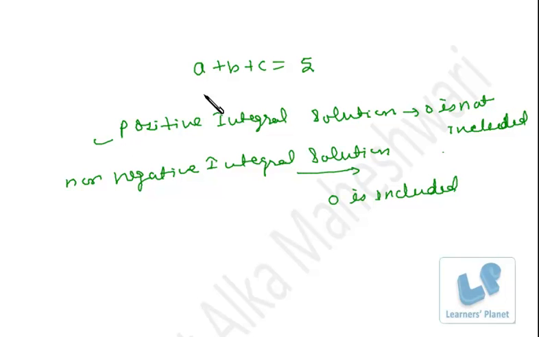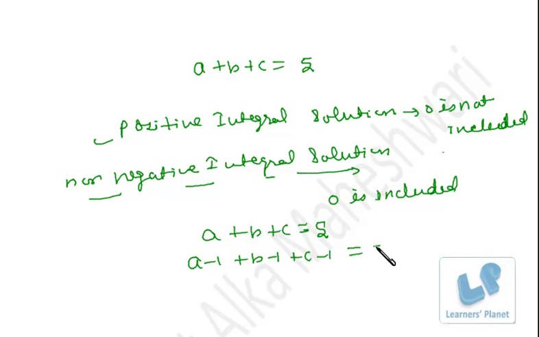Now, how do we approach the non-negative integral solution case, right? So, see, a plus b plus c is 5. Basically I am using the positive integral solution concept only, but there will be some variation. What is that variation? Suppose I take out 1 from each of them, right? Say a minus 1, then b minus 1, then c minus 1, that's 5, right?